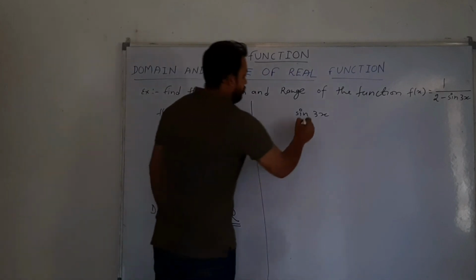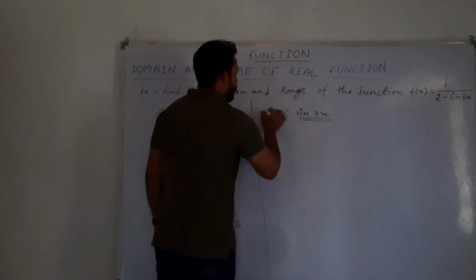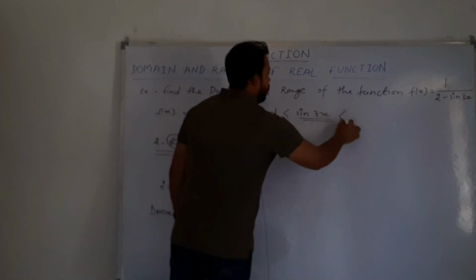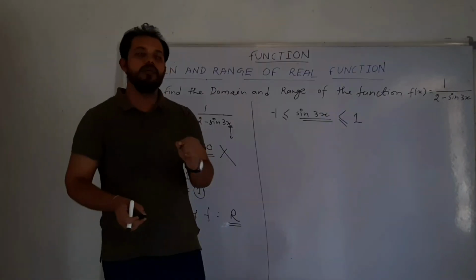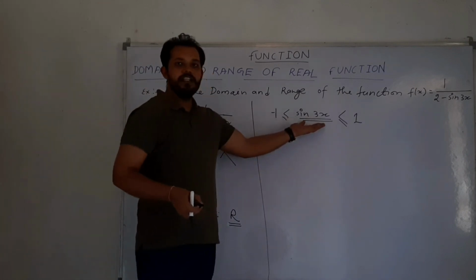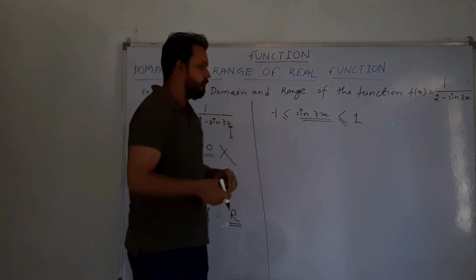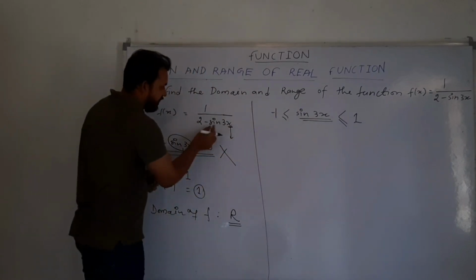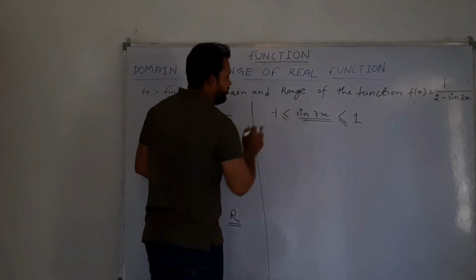We know the minimum value of this function is minus 1. Maximum value of this function is plus 1. We know sine 3x lies between minus 1 to 1. In front of sin 3x there is a negative sign. So we will apply minus here.